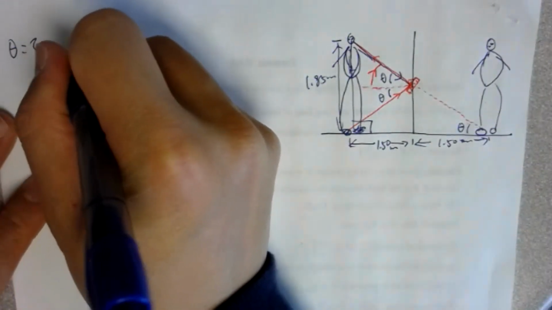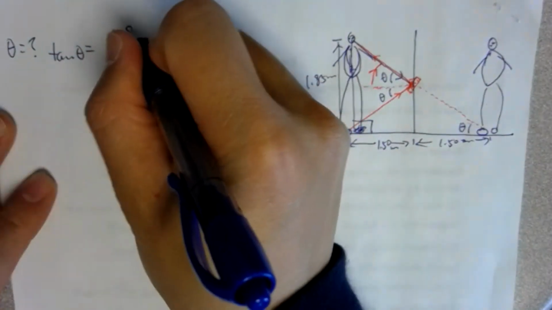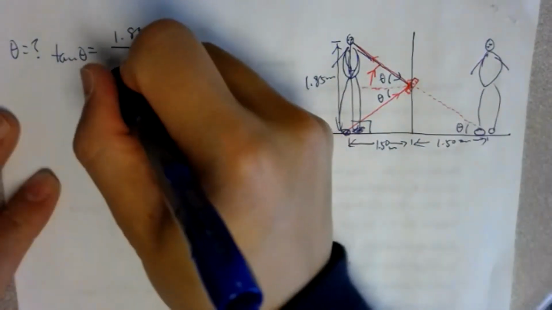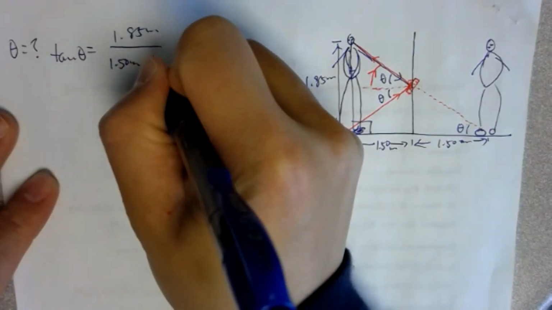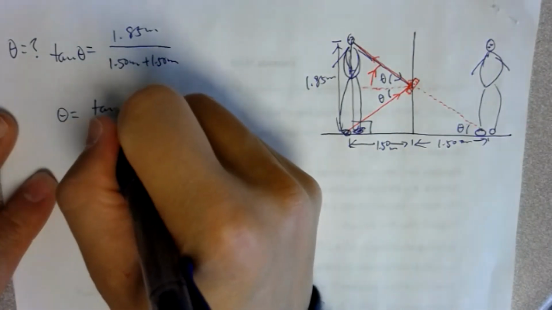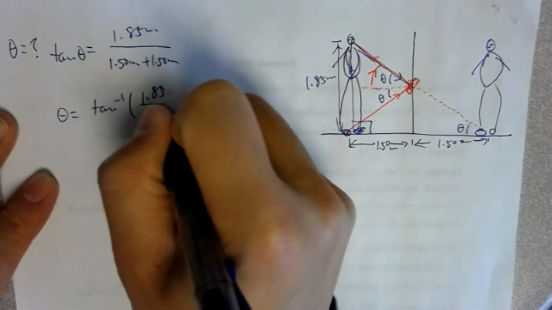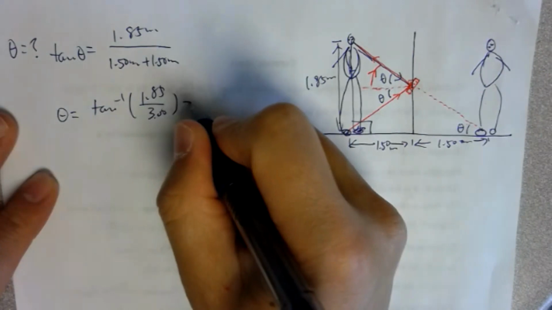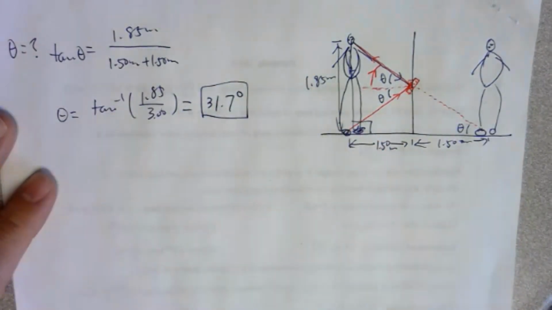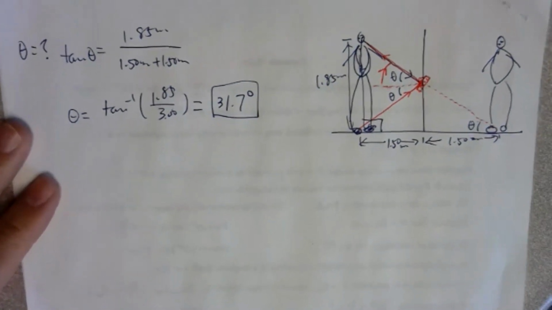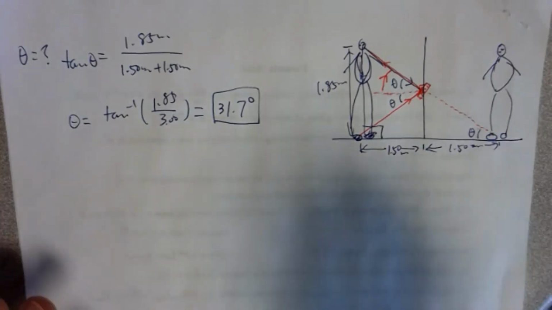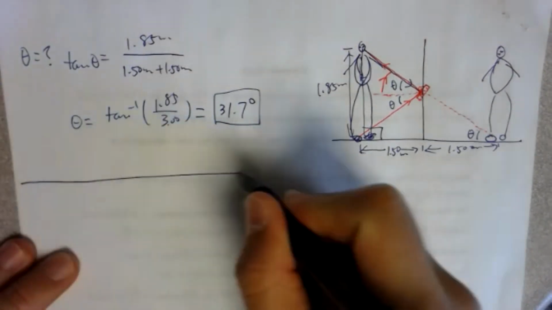So tangent of theta equals 1.85 meters over 1.5 plus 1.5. Okay, so 1.5 plus 1.5 is 3. So then theta will be equal to tangent inverse of 1.85 over 3. Okay, that gives you 31.7 degrees. Okay, so that's the angle you need to tilt your mirror in order for you to see the image of your eye in the mirror.